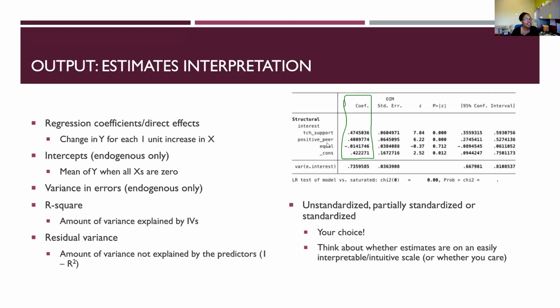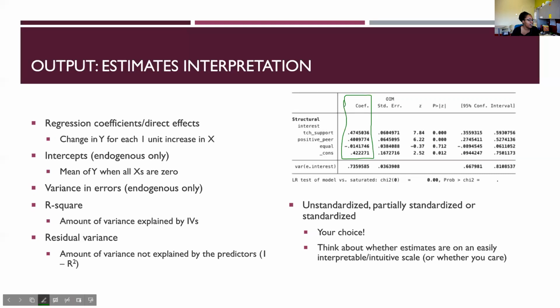For positive peer interactions, for every 1 unit increase, interest is going to increase 0.40 units. Equal status is a little bit different because for every 1 unit increase in equal status, interest decreases by 0.01, which is not what you would expect, but also not significant.